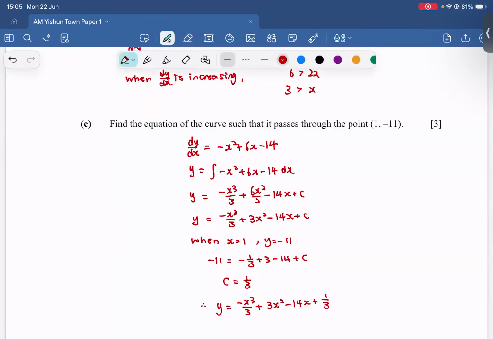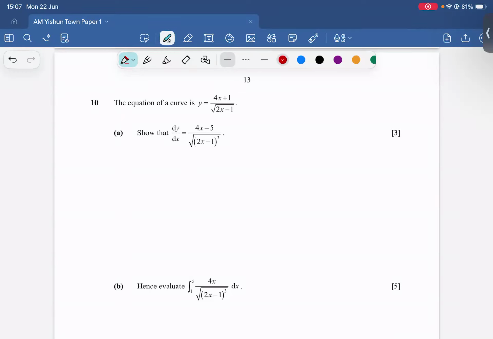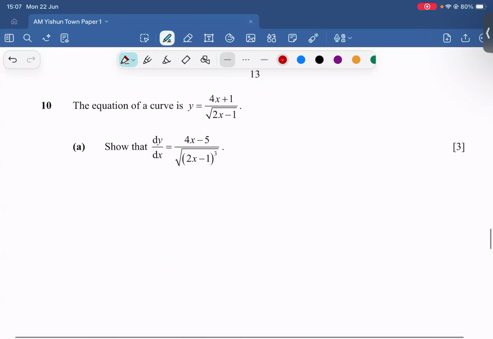Okay, next. The equation is this, show that dy/dx is this. So we have to apply our quotient rule to differentiate that.